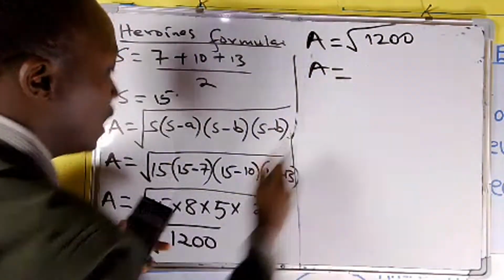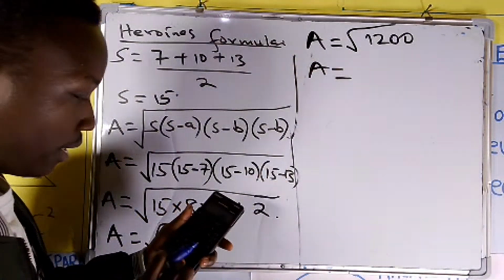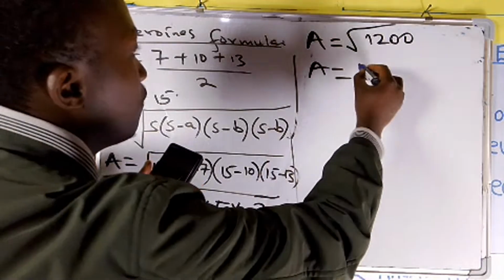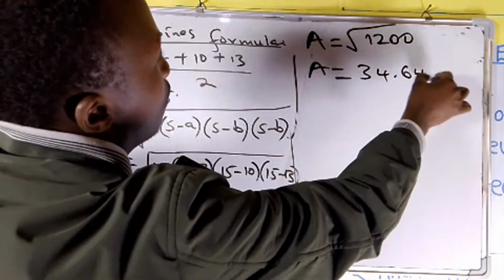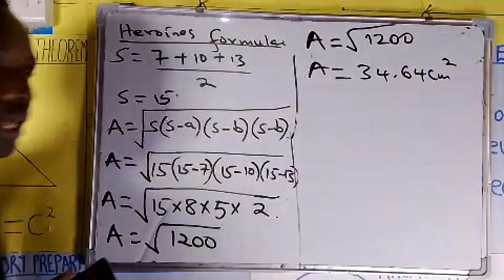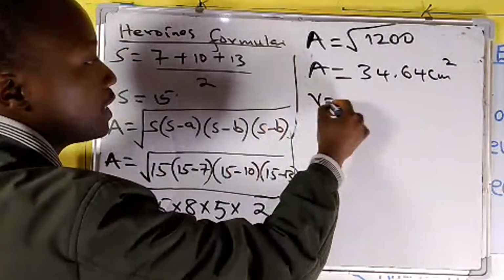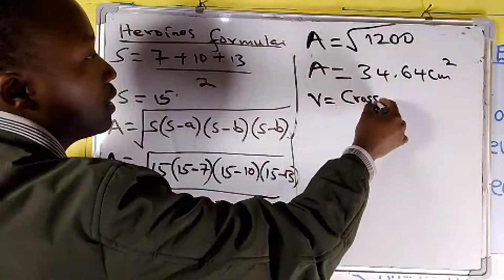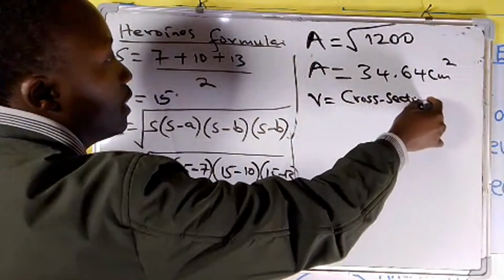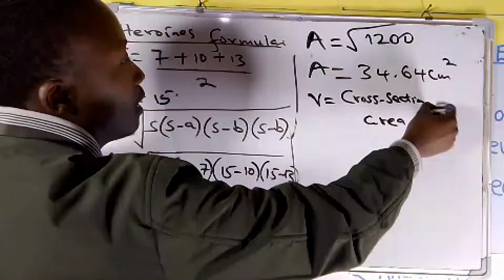And when you get the square root of 1,200, you will get 34.64 centimeters squared. That is the cross section area. So volume, we said, is equal to cross section area times the length.